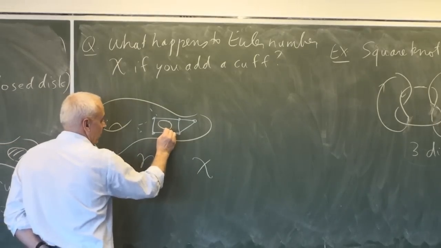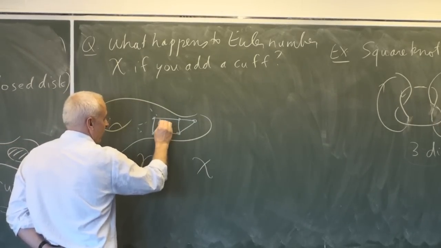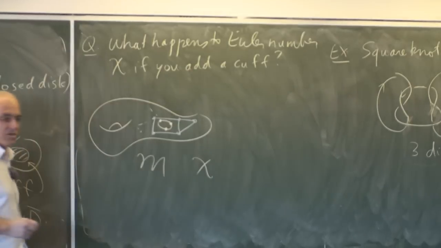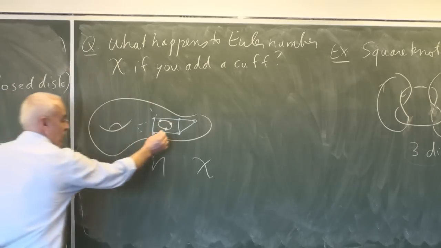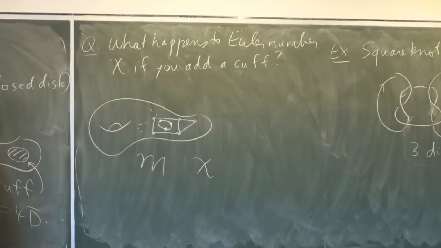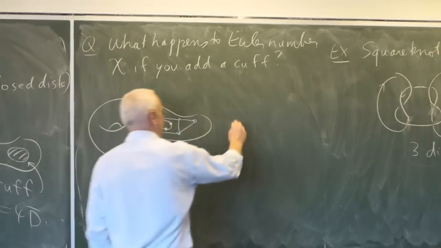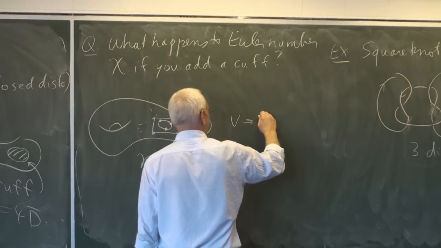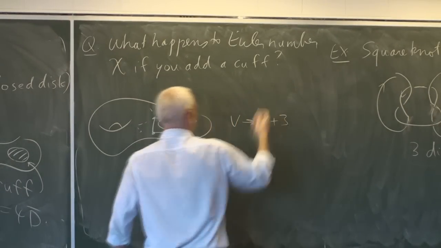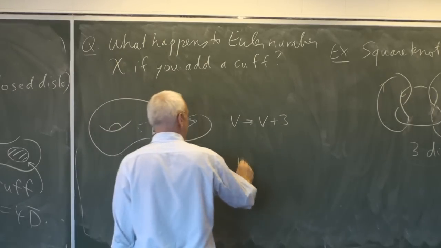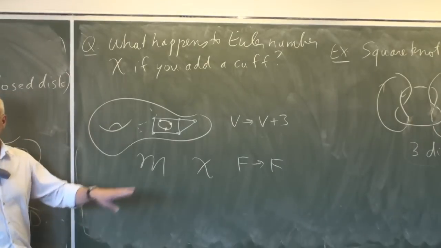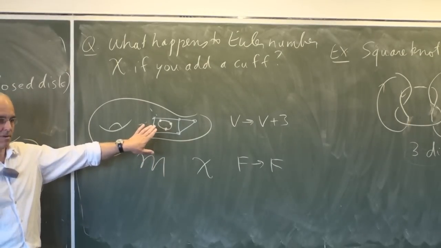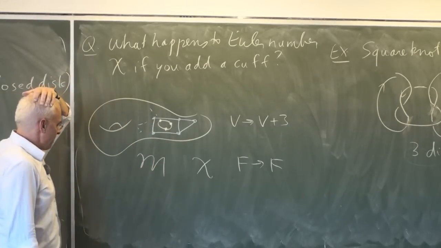We're adding a cuff. Well, we choose a certain number of vertices on that hole, maybe say 3 vertices. And then there'll be 3 new edges as well. So the number of vertices is going to go to vertices plus 3 in this case. The number of faces is not going to change because I'm cutting something out.